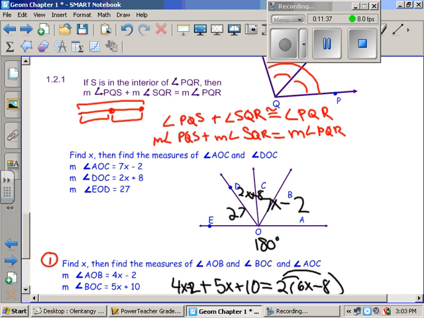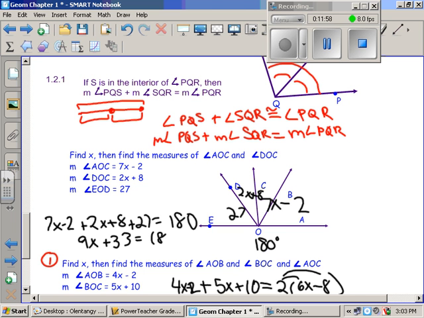So because I know that, I can say that 7x minus 2 plus 2x plus 8 plus 27 is equal to 180. And then I can solve it. So 9x plus 33 equals 180.